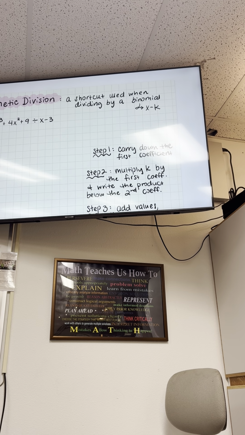But the catch is this, synthetic division is only possible to function as a shortcut when you're specifically dividing by a binomial. So the only cases where synthetic division is used is if you're doing division specifically by a binomial, and kind of like how we've talked about algebraic notation with transformations, they say it's by a binomial like x minus k, where you actually end up pulling the opposite of your k value.